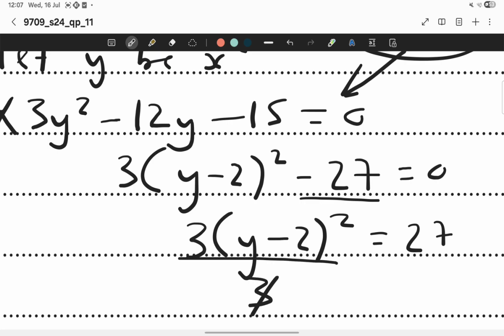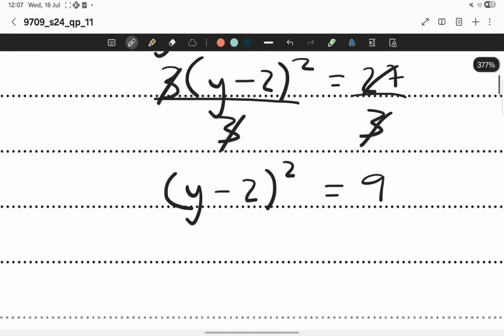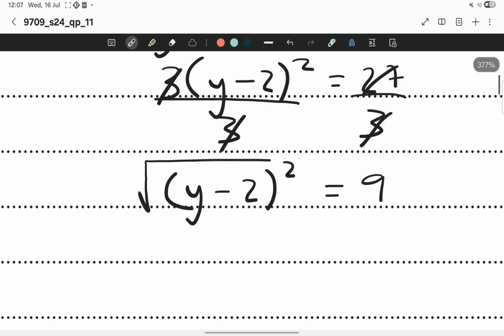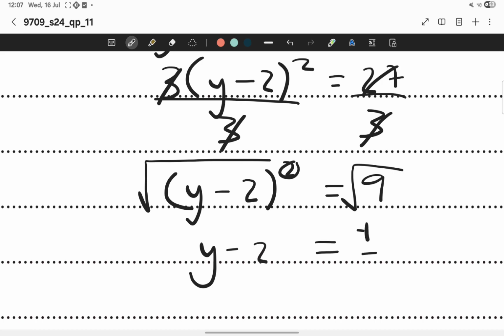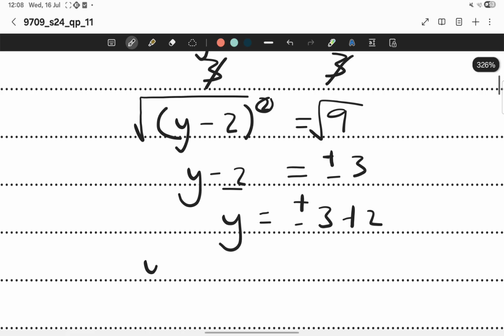Then we divide both sides by 3 to get y minus 2 squared equals 9, right? Then you square root both sides to get rid of this square, so it will be y minus 2 equals plus or minus 3. Then taking this 2 to the other side, y equals plus or minus 3 plus 2, giving us y equals 5 or y equals minus 1.